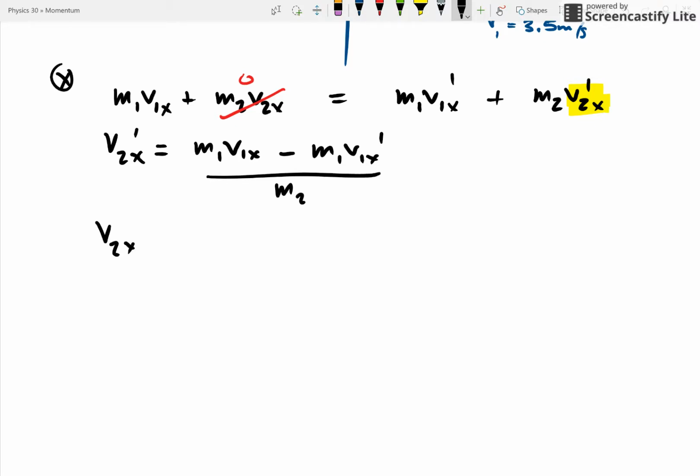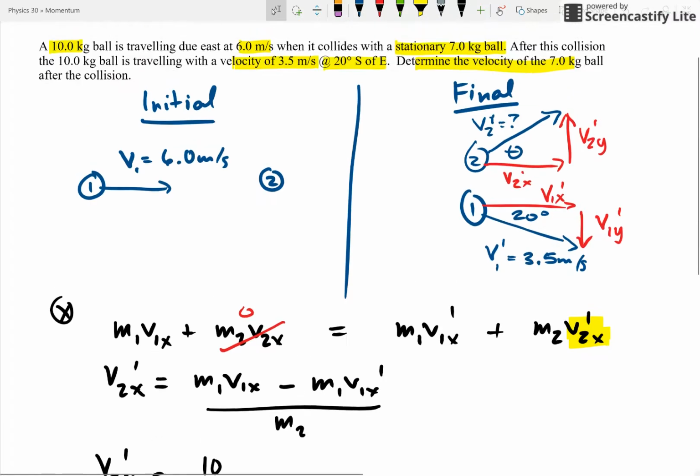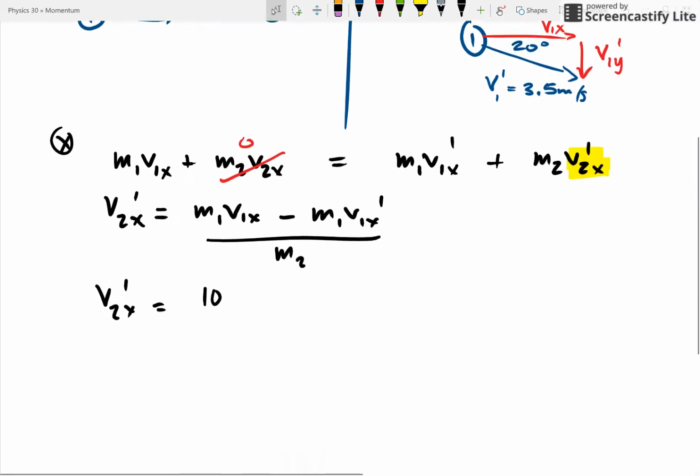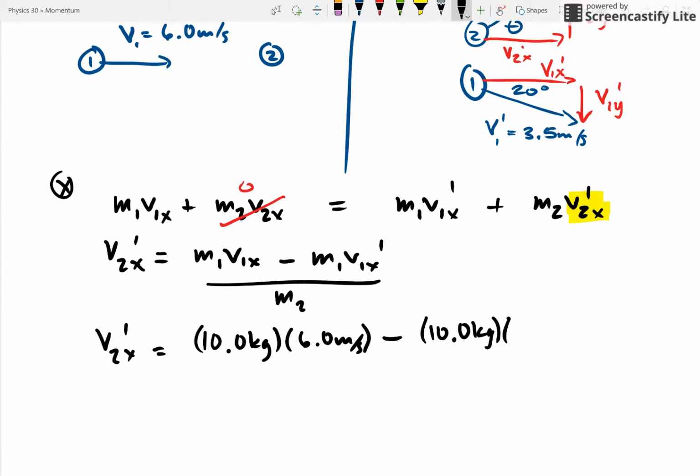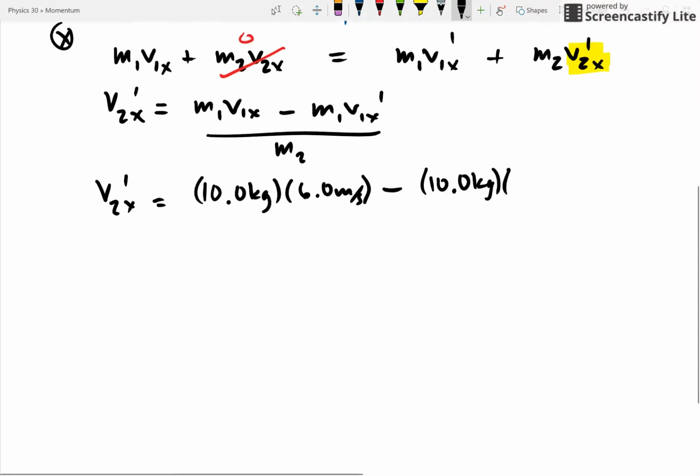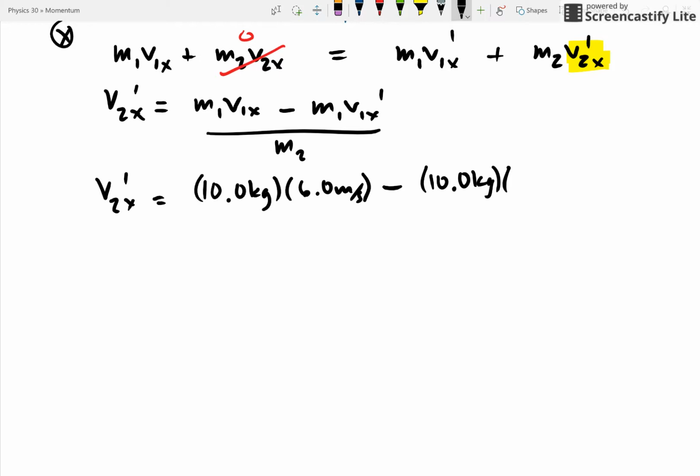Now we can substitute into the equation. Mass 1 is the 10 kilogram ball, so 10.0 kilograms, moving at a velocity of 6 meters per second in the positive direction. We also have mass 1 here, and its velocity is 3.5 meters per second at 20 degrees, so 3.5 meters per second times cosine 20 degrees.